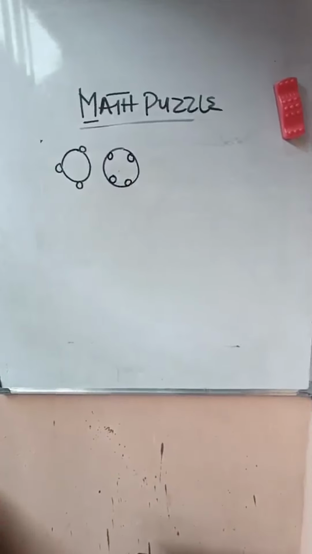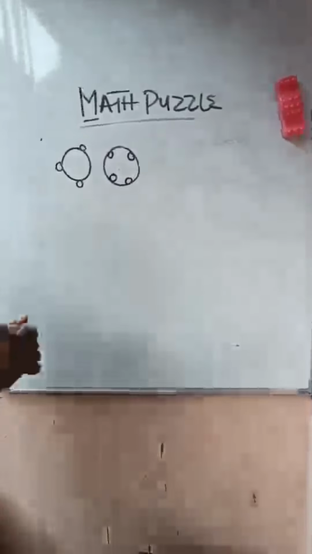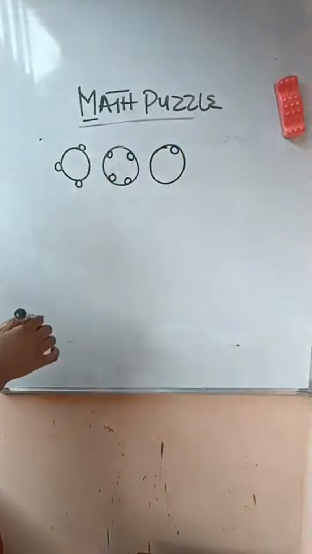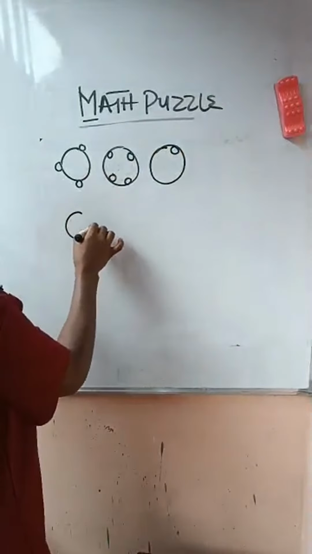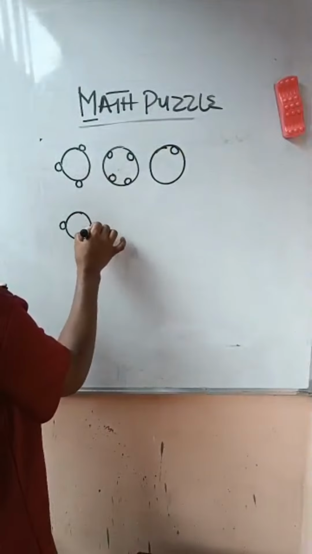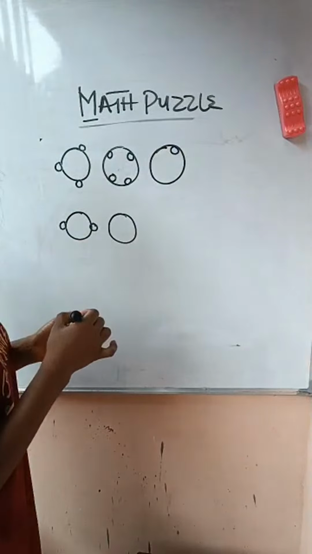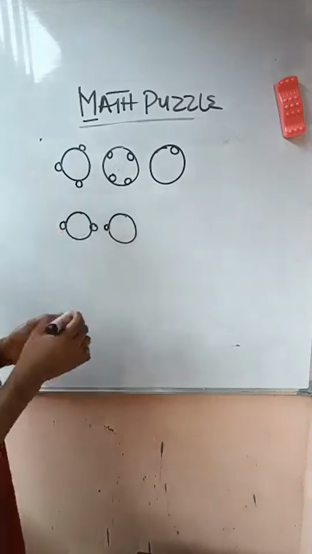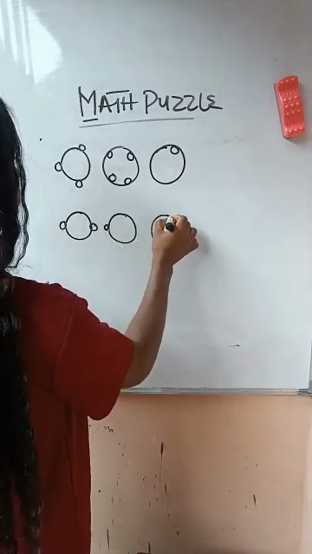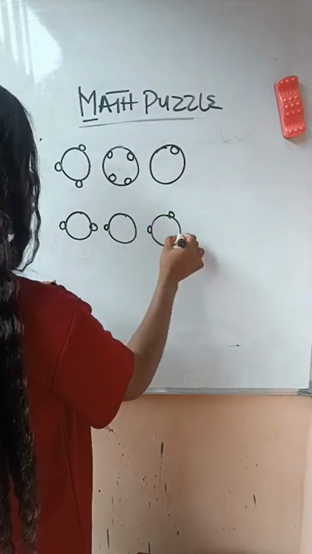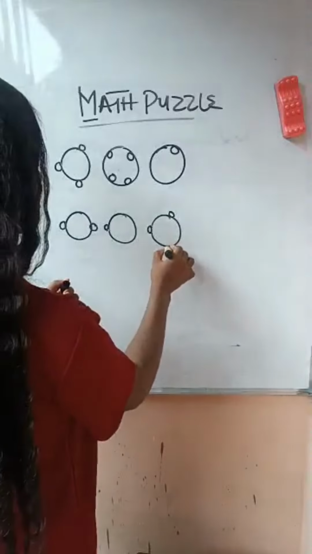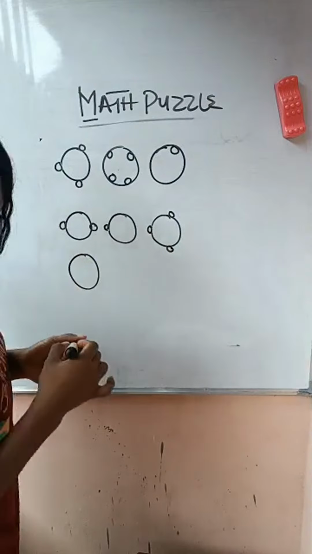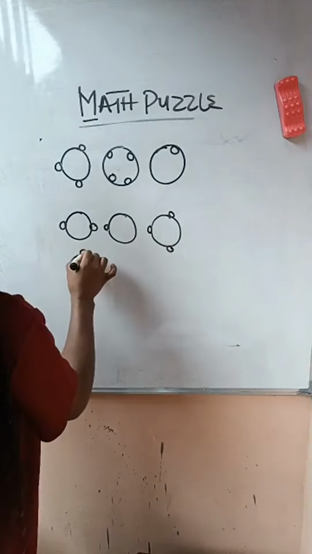Okay. Now, I have the last one. This one has 1. Now for the second, we have this, and we have this and this. We have another circle, and we have just 1 here. And we have the last one. We have this, this, and this. Now the third line, we have this, and we have 1.